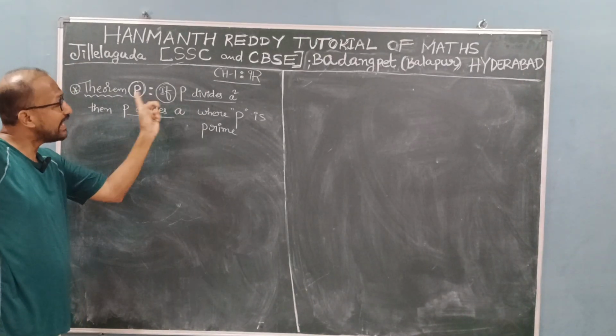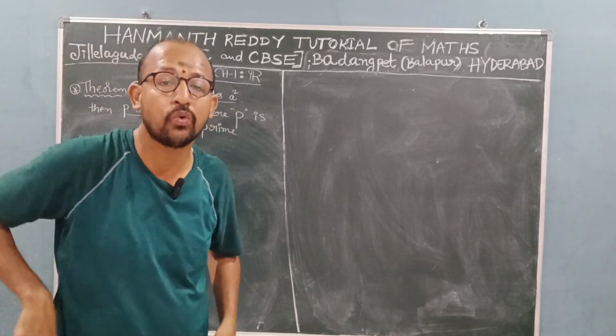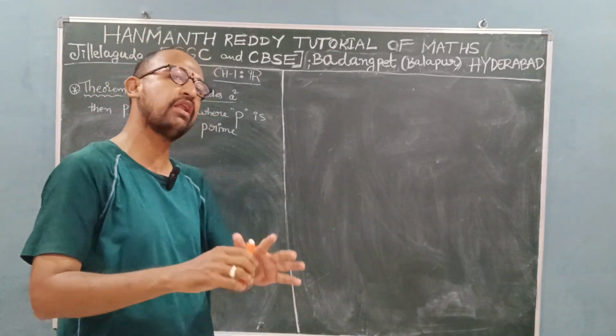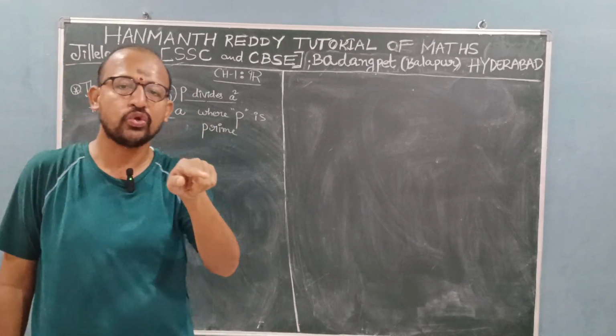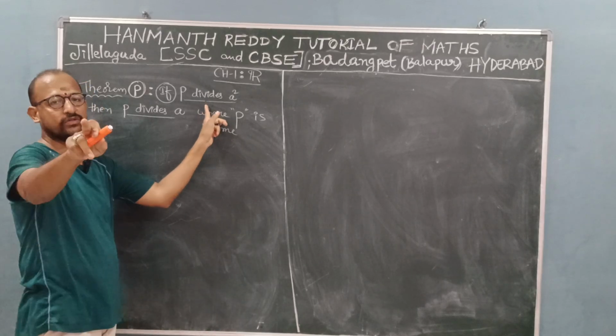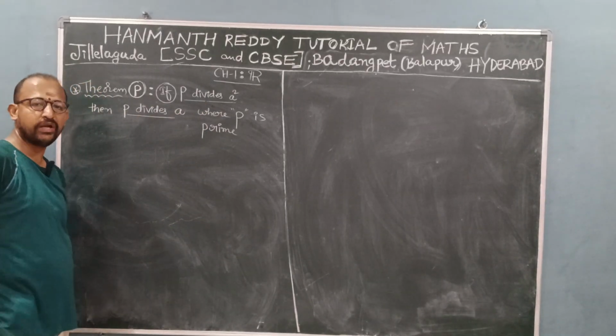Take a prime number like 2, 3, 5 or 7 and a perfect square such that the remainder is 0. If that is possible, then I can say directly that p divides a.